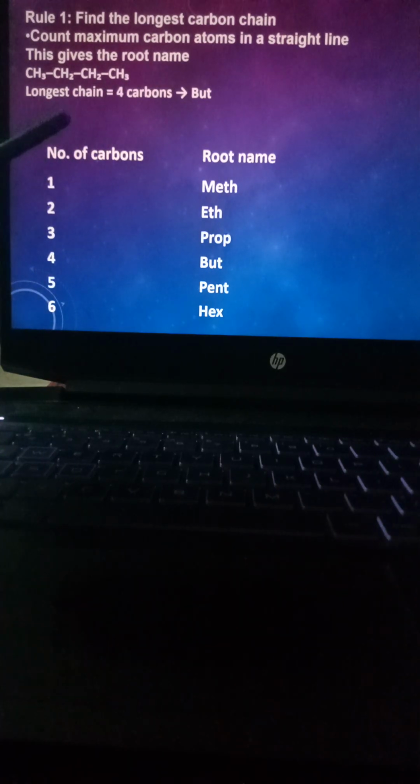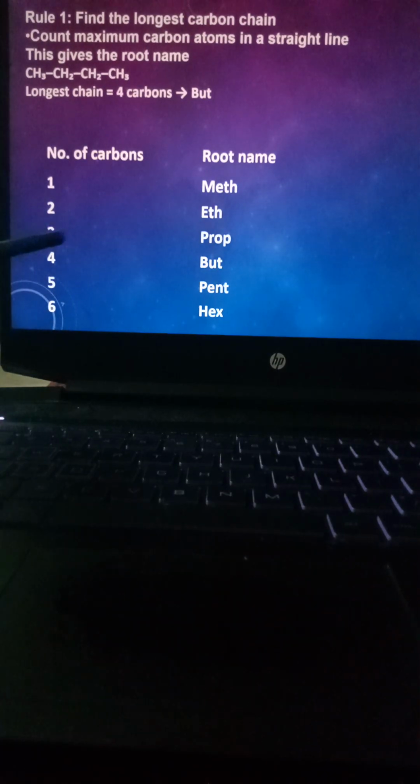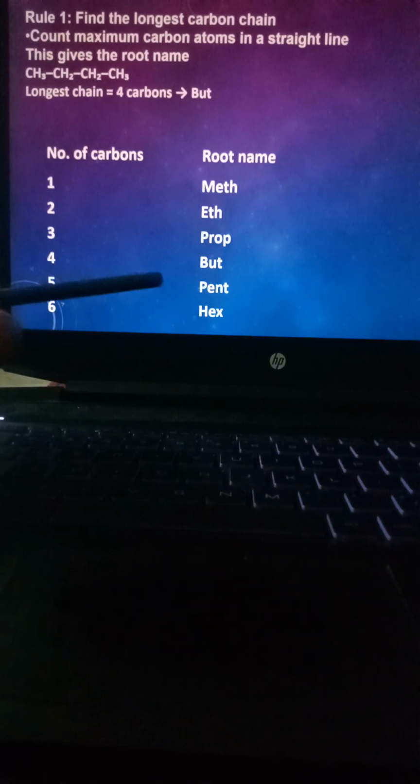The longest carbon chain contains 4 carbon atoms. Now let us see how we can give the root name. If there is only 1 carbon atom, meth; 2 carbon atoms, eth; 3, prop; 4, but; 5, pent; 6, hex. In our example, how many carbon atoms? 1, 2, 3, 4.